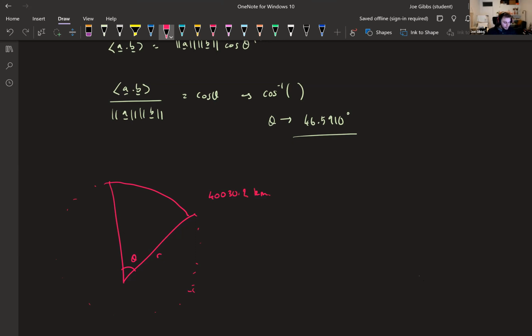And we can then do a really simple calculation: what fraction of the Earth's sphere is that arc, to get our great circle distance.